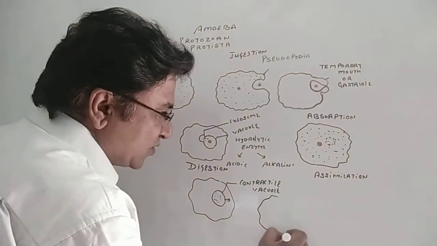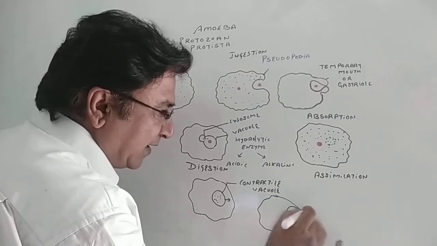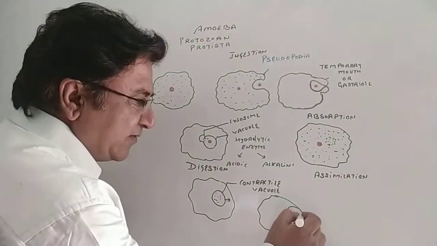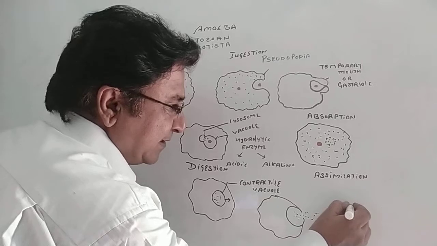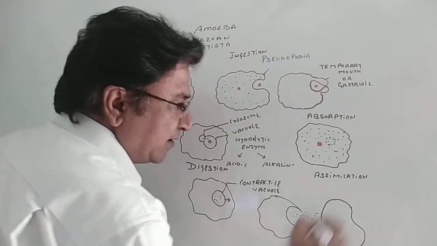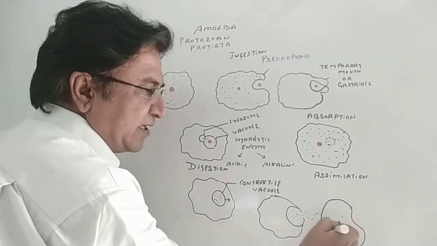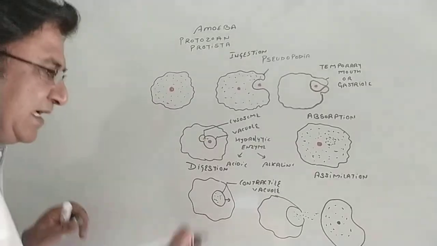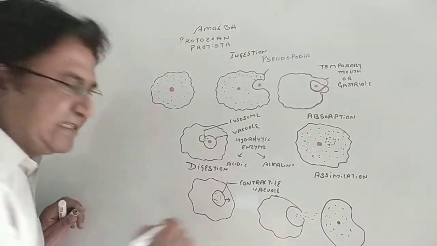As soon as it comes in contact with the membrane of amoeba, the membrane is broken and the wastes are thrown out of the body. Then this body membrane is joined together again to protect the internal content of the amoeba. This way, egestion occurs. This whole process is called egestion.